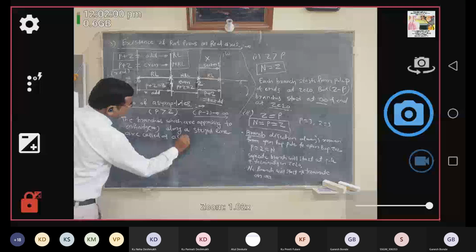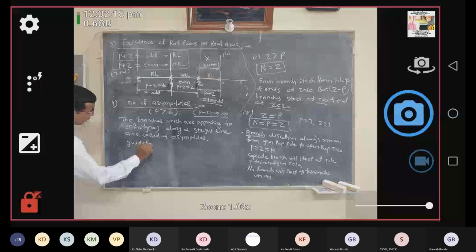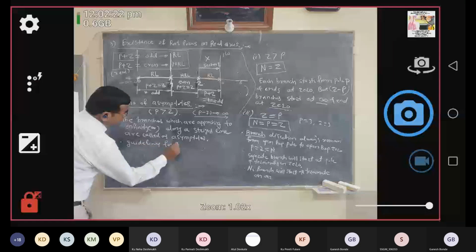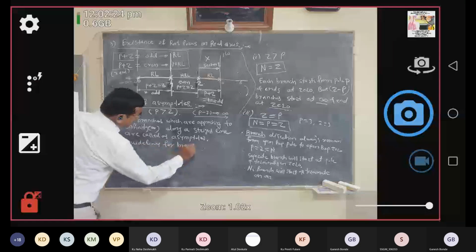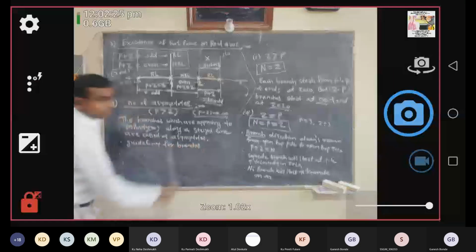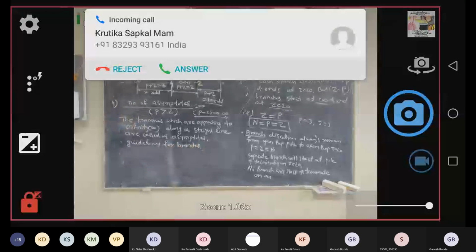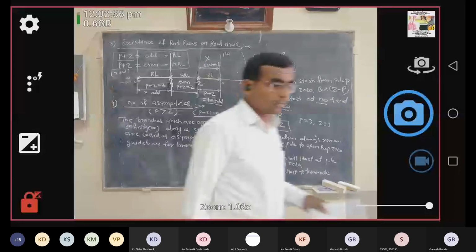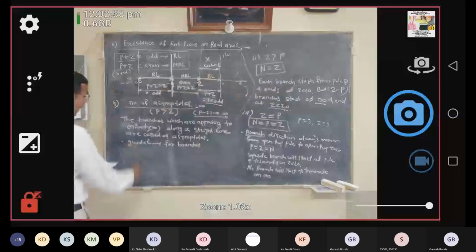So these are simply guidelines for the branches.